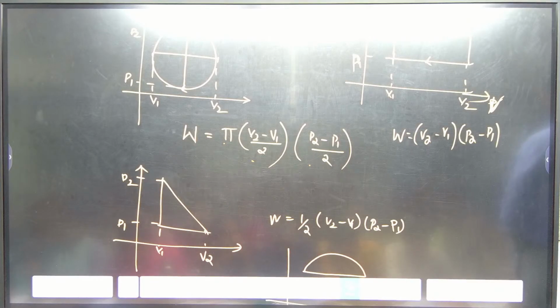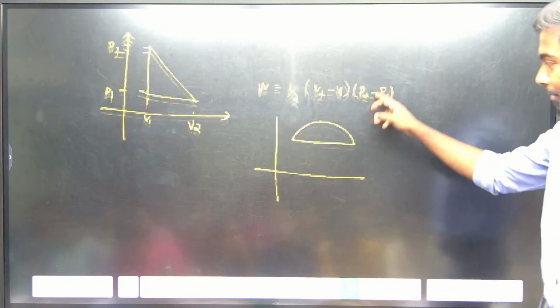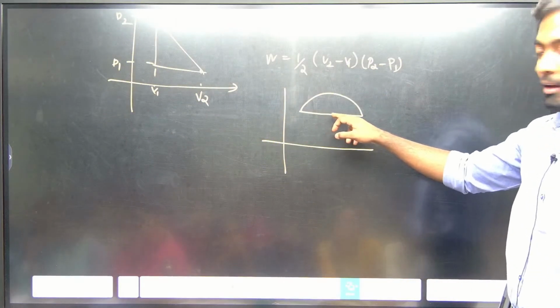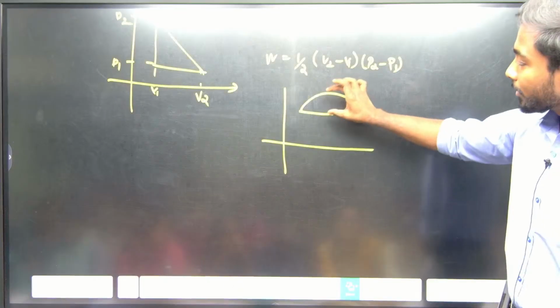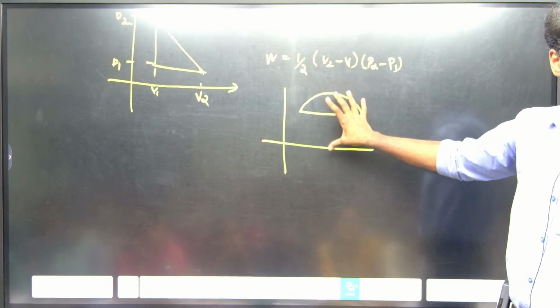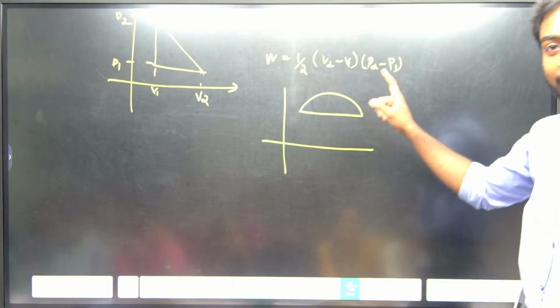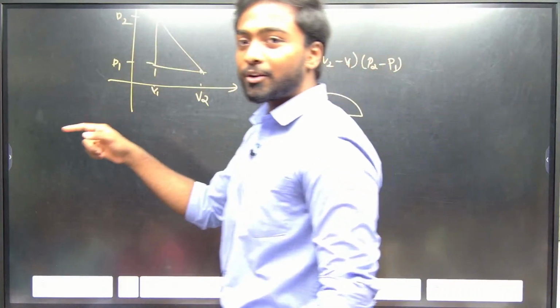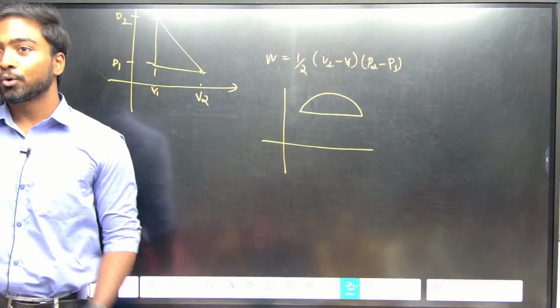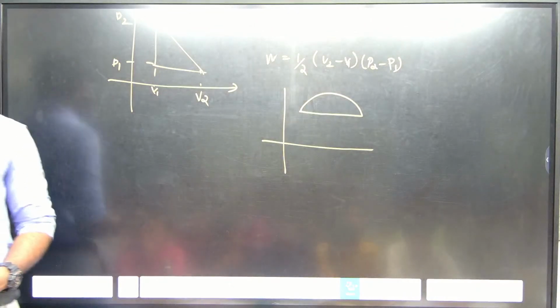Here this is P1 and this is P2. Only the radius I am considering, I am not considering the diameter. So P2 minus P1 into V2 minus V1 by 2 will come, into pi by 2.